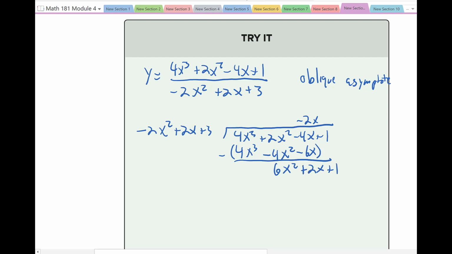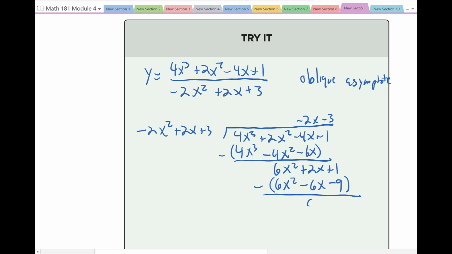And then negative 2x squared times what is 6x squared? That'd be a minus 3. So it's 6x squared minus 6x plus, no, it'd be a minus 9. And I'm subtracting everything here.